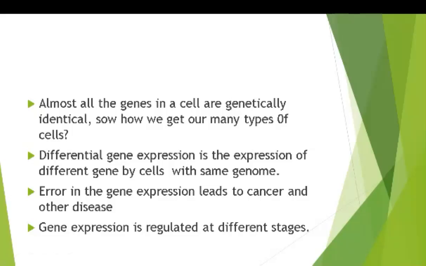The millions or trillions of our eye cells have the same genetic material for performing the same function. If we compare our eye cells or visual cells with our brain cells, they must have different genetic material. Moreover, gene expression is often regulated at different stages.